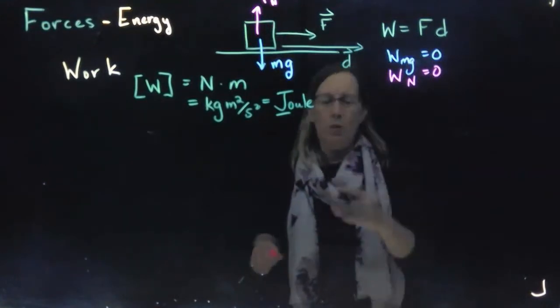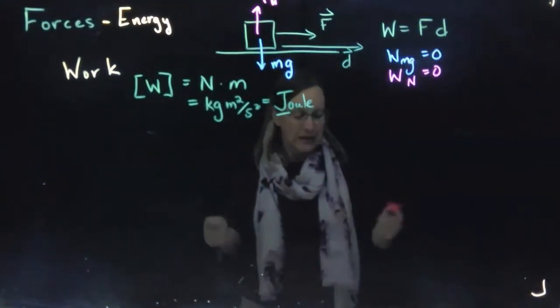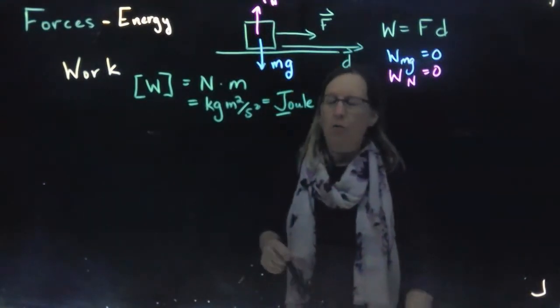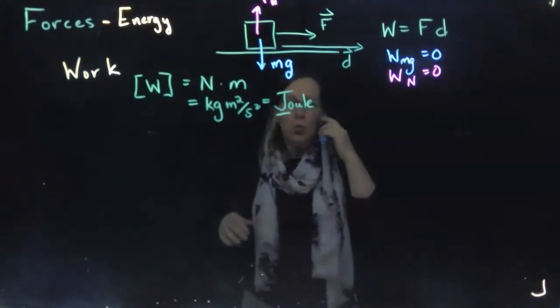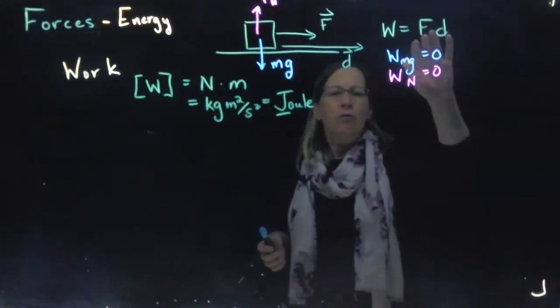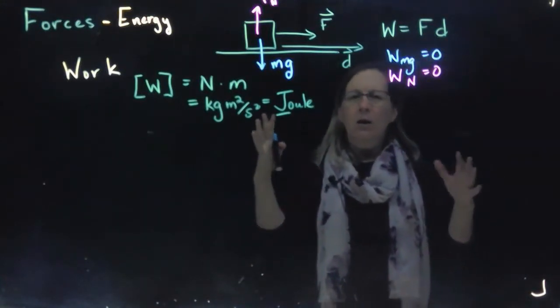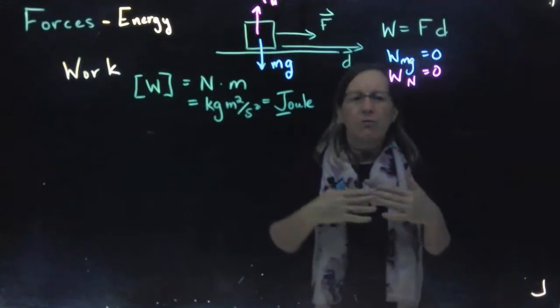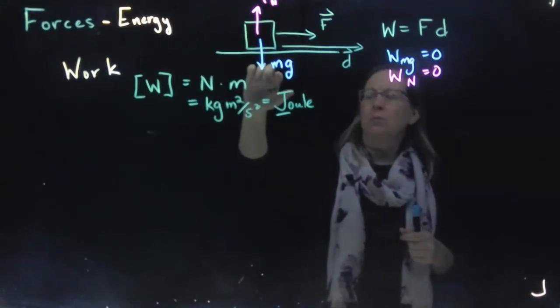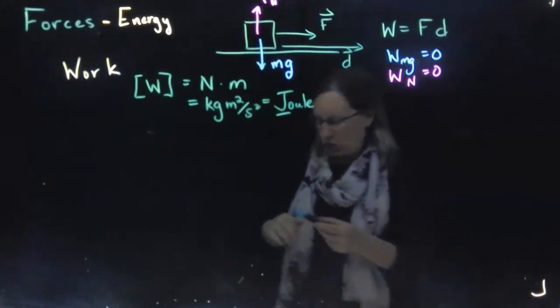So somehow we need to connect this into our understanding of work. And so what work is, it's the force in the direction of the displacement, in other words, the component of force that's along our displacement, which gets rid of these two.